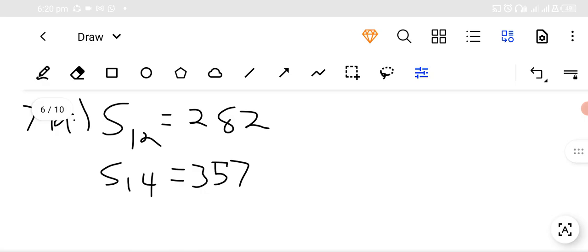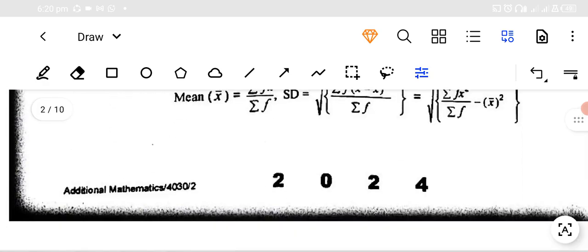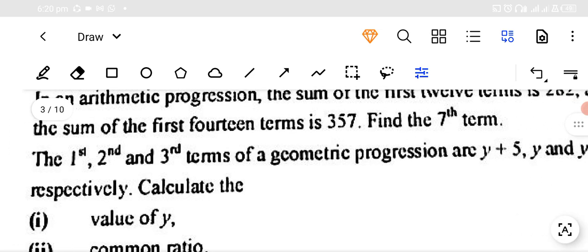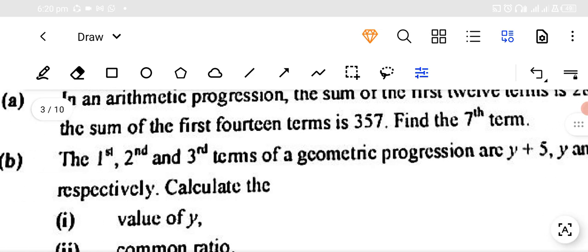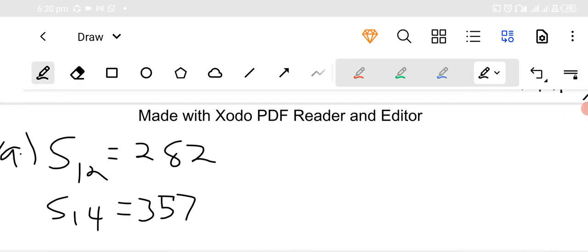So 282, 357. Then we want you to find the 7th term, and then we'll say term 7 is equal to question mark. Then from there we can just start forming equations.